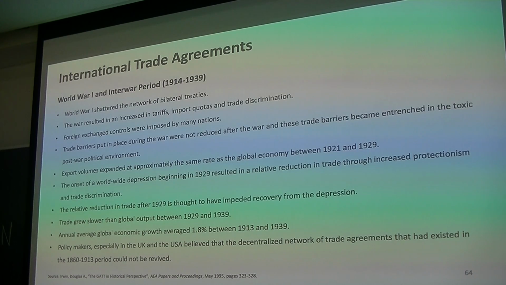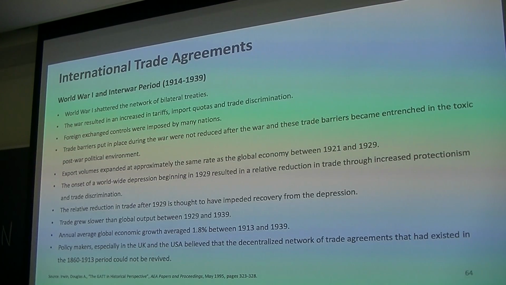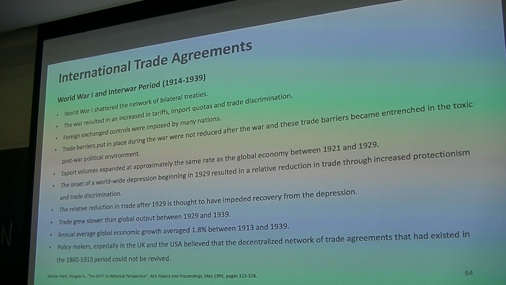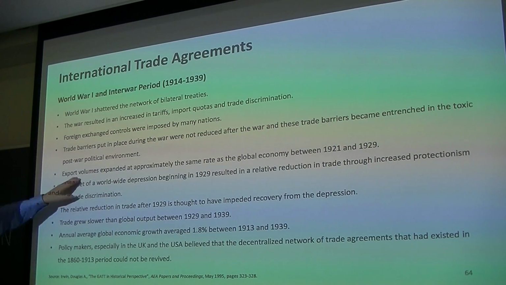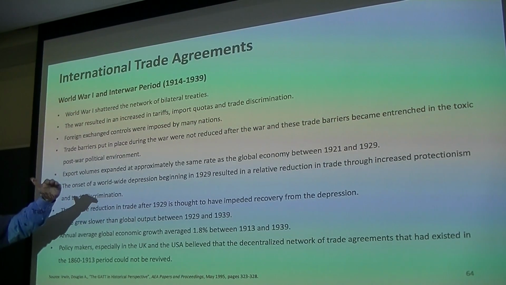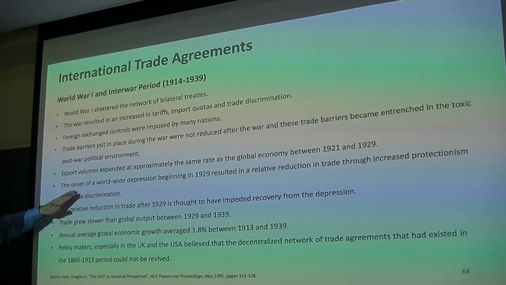The toxic environment that existed at that time included that countries were not going to reduce the trade barriers that were put up. As a result, export volumes expanded at about the same rate as the global economy. The world economy grew again after the war, but trade only grew at the same rate.